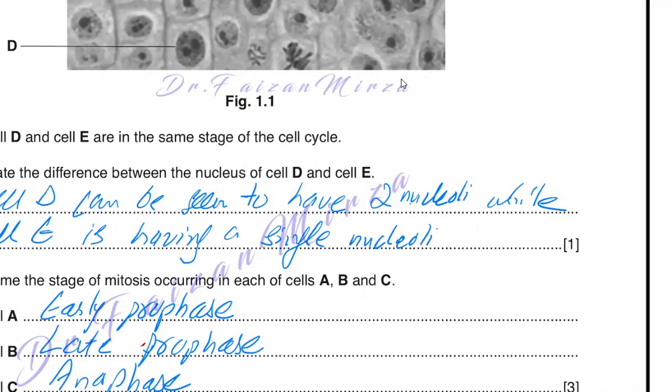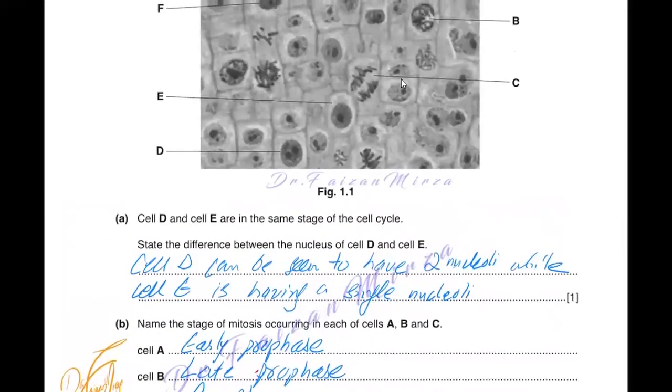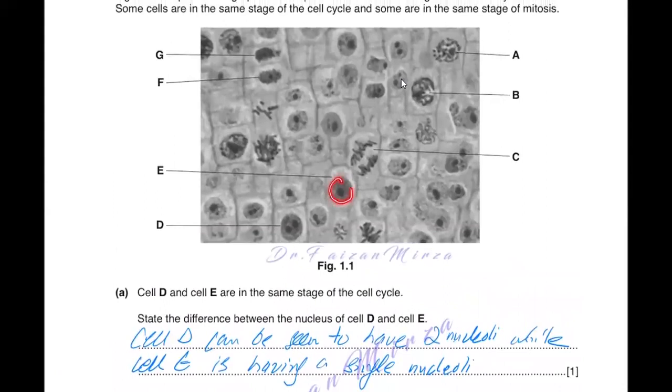So make sure that you know what a nucleus is and what nucleoli are. Since these terms sound similar, at times you get carried away when writing, and that's actually what happened to me as well. So cell D can be seen to have two nucleoli. These are the two nucleoli, and this is one nucleus here. If you go to cell E, this cell has one nucleus and one nucleolus.